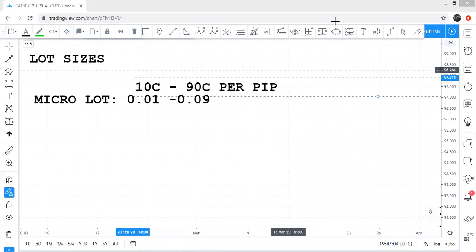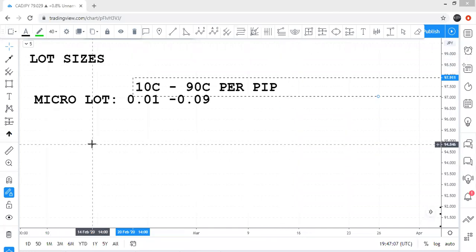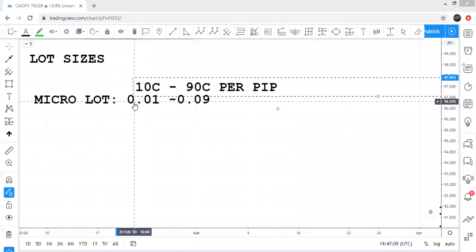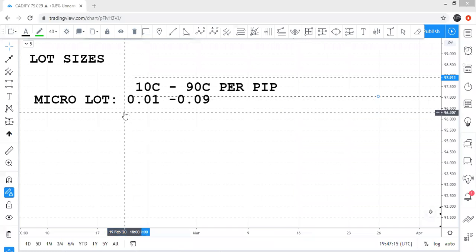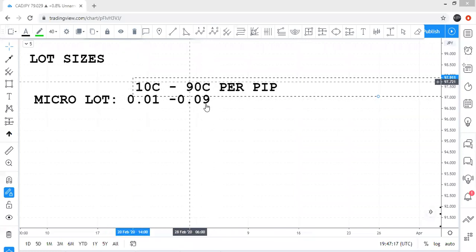There you go. So the simple mathematics is if you went up 10 pips, and those 10 pips at 10 cents, you just did 10 cents times 10, that would give you $1. Over here, 90 cents times 10 equals $9. So that is how you want to be able to measure there.